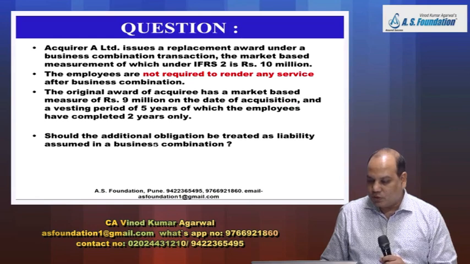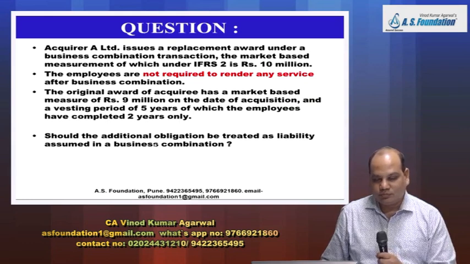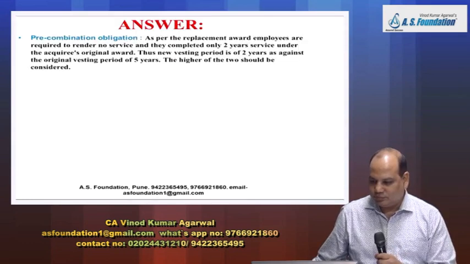The original award of the acquiree has a market-based measure of 9 million on the date of acquisition and a vesting period of 5 years, of which the employees have completed 2 years only. Should the additional obligation be treated as a liability assumed in business combination? So what is the answer?